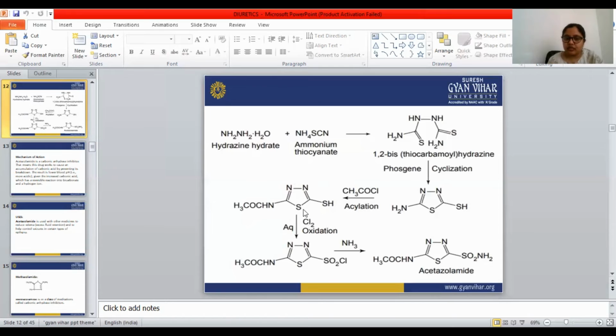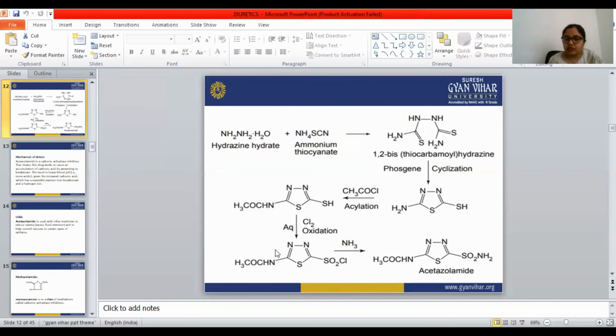After that, this is reacted with chlorine, and oxidation also happens in this product. The remaining part stays the same. Here the reaction happens, SO2Cl comes here and H2O is removed.